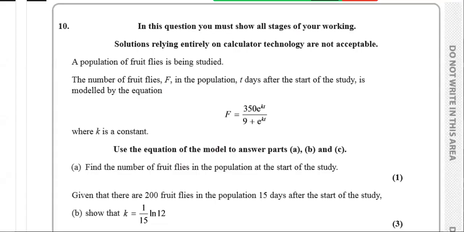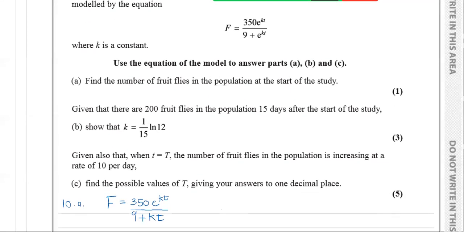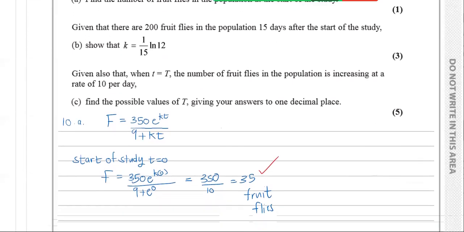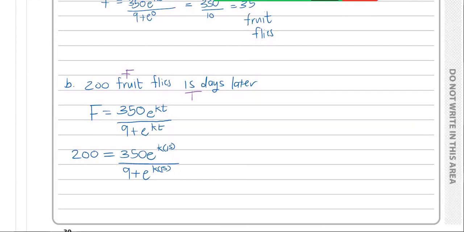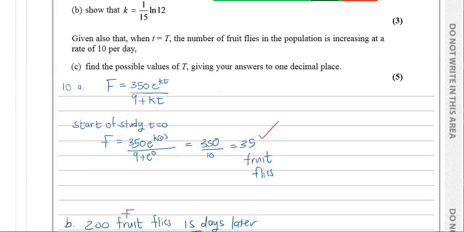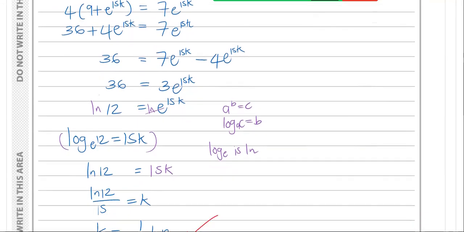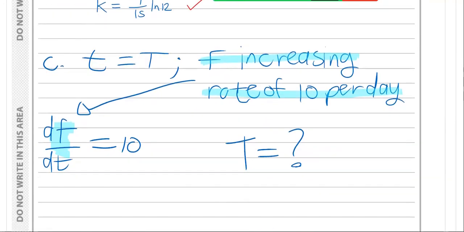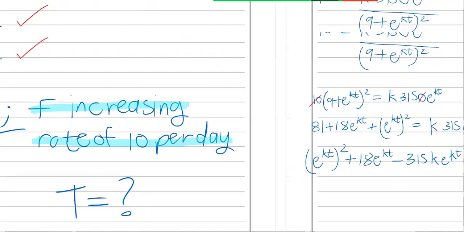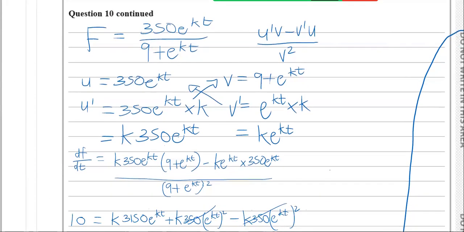For those who like to just look through the answers, I'm just going to quickly scroll through the question. That's A and B. This is continuing just the working of B. C. Continuing the working.